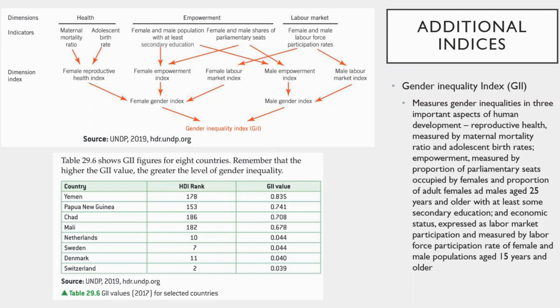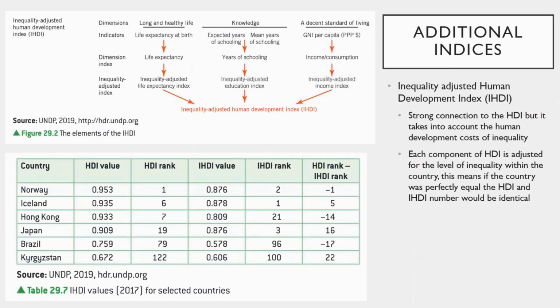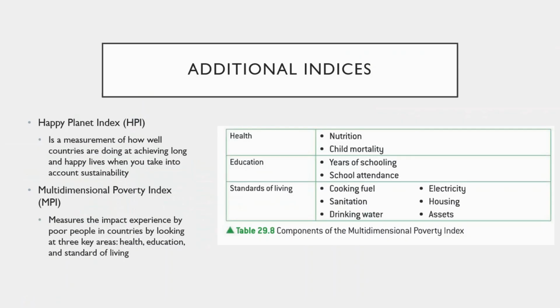So they look at education, health, and political involvement. We have the IHDI, which is similar to the HDI, but it takes into account human development, cost of inequality. We have the Happy Planet Index, which really looks at sustainability and takes a big aspect into that.